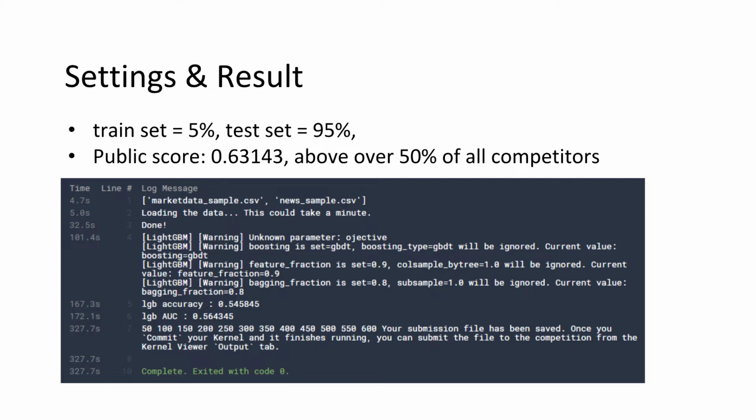But to be honest, I don't have too much information about that, and sometimes we just submit as many models as we can produce, to try to get a higher score.